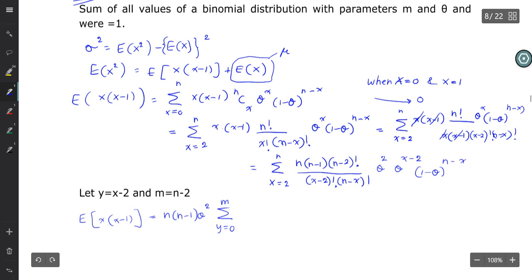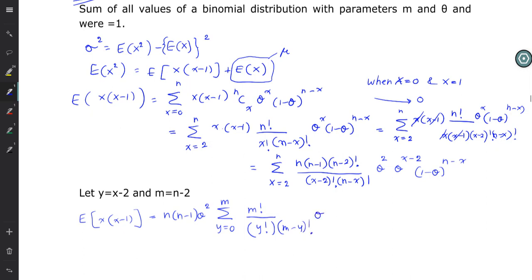And then you get m factorial at the top, because n minus 2 is m. X minus 2 is y, so you have y factorial at the bottom, and then (m minus y) factorial. Theta to power x minus 2 is y. (1 minus theta) to the n minus x will be m minus y.